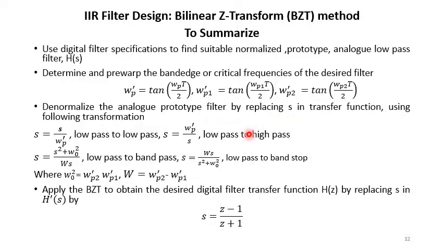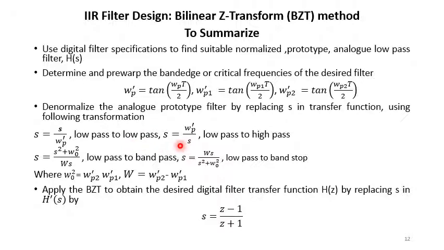Then the next step is to denormalize the analog prototype filter by replacing S in the transfer function using the following transformation. Once we have done this step, we replace S by omega prime P for the low pass filter.